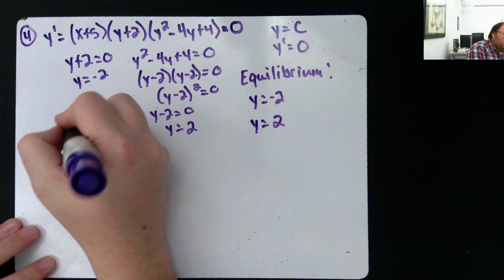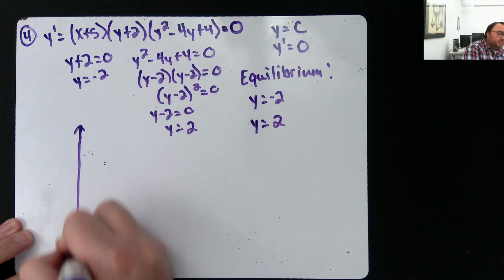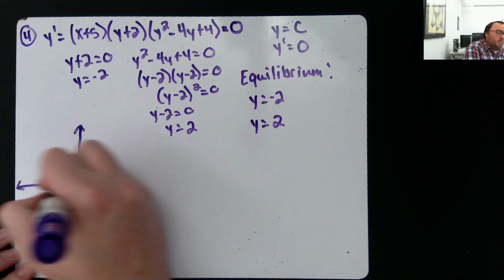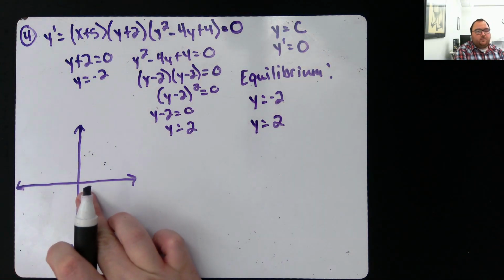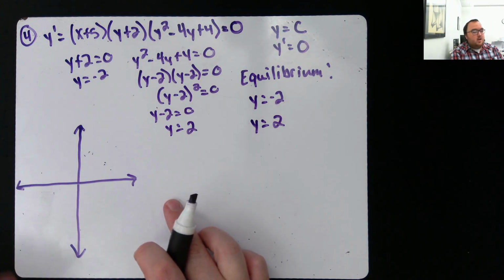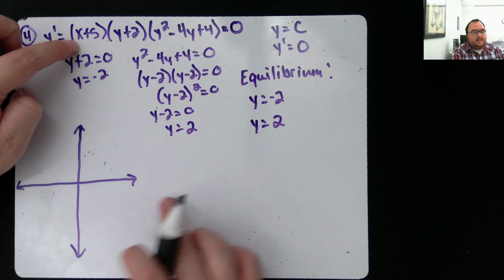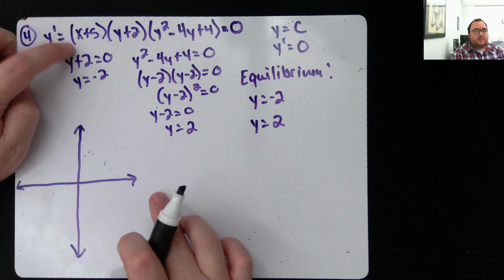So let's go ahead and draw our slope field. Remember, the idea is that I'm looking at what happens as I go really far to the right. As x gets really big, this term is always going to be positive.